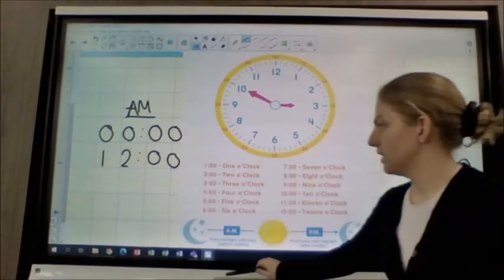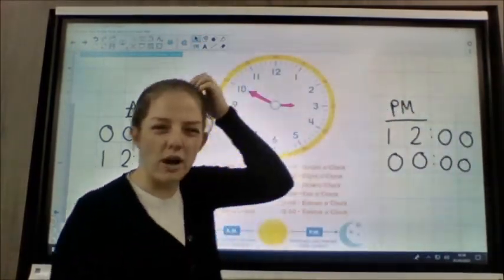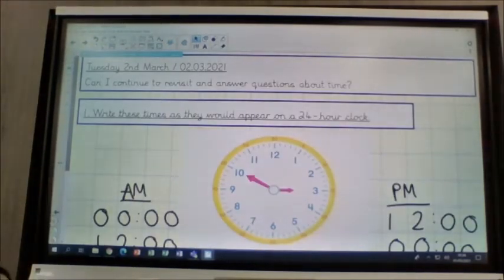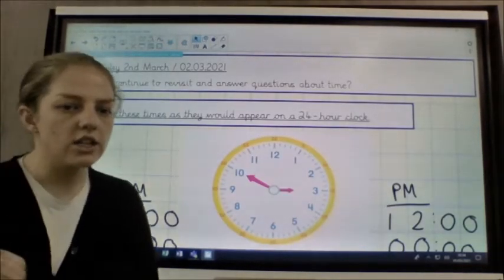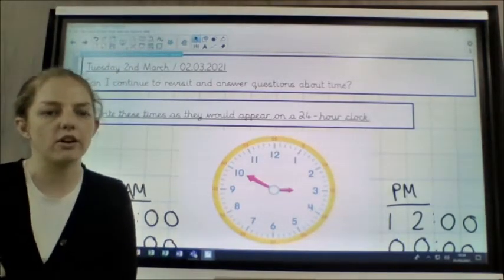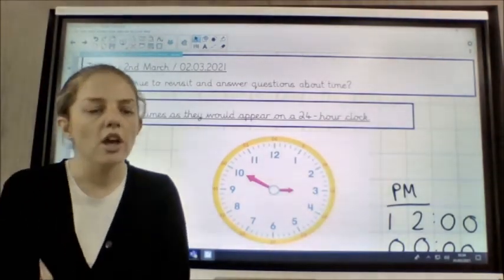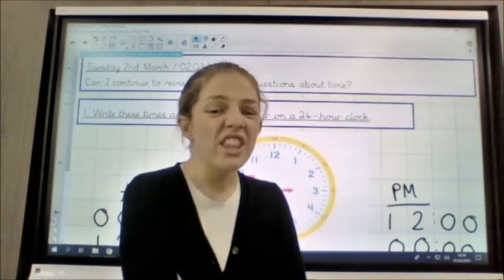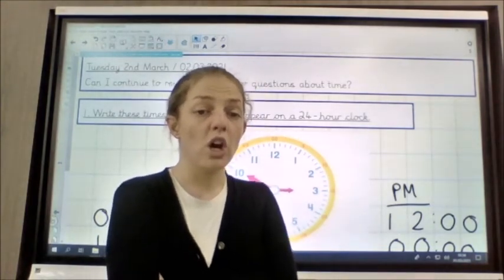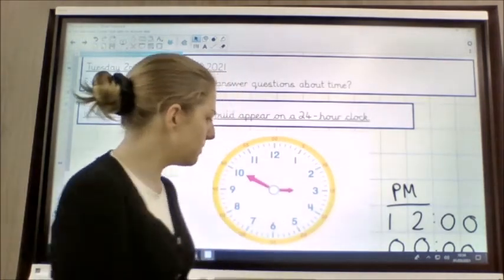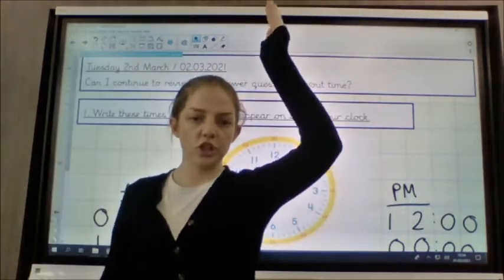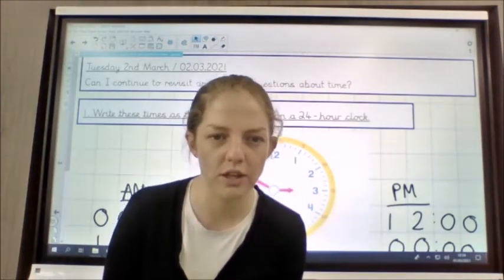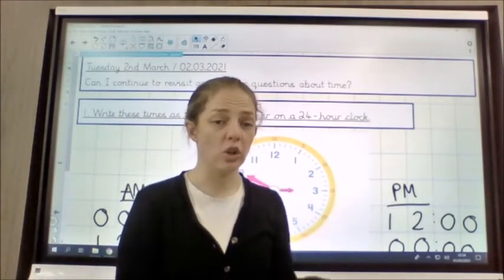Okay. So now you've got an idea of what AM and PM is. Let's look at your question. So your question is asking you to write these times as they would appear on a 24-hour clock. So when you look at a 24-hour clock, it doesn't look the same as what it would on a normal clock face. So after you've reached midday at lunchtime, something happens with your time on a digital clock.